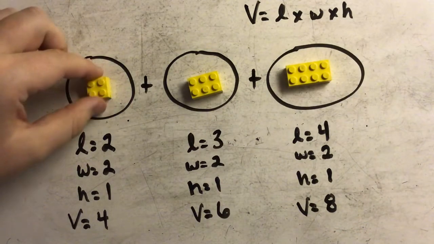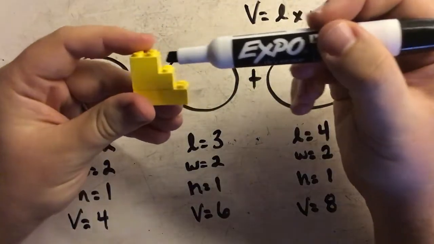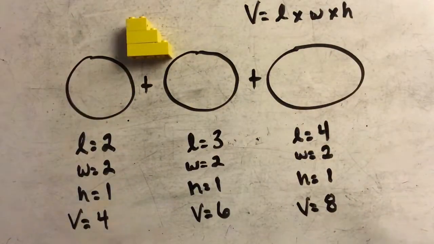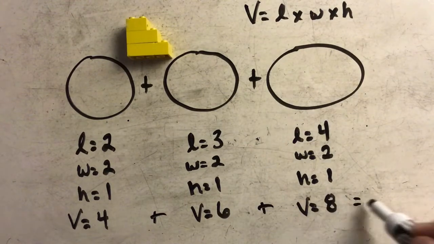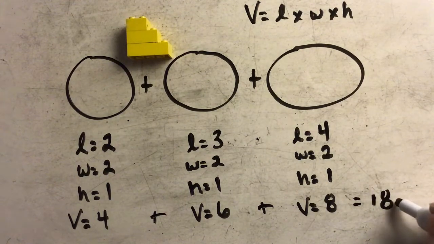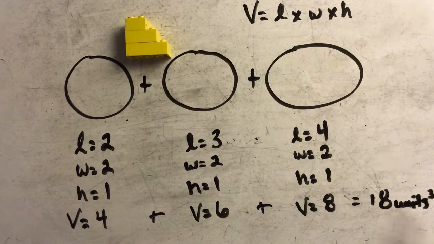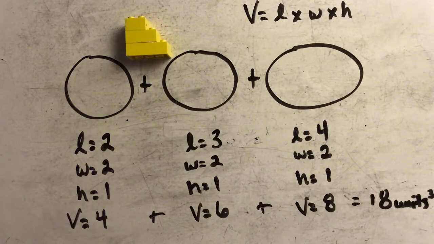So I'm taking the volume of this plus the volume of that plus the volume of the bottom one, which gives me 4 plus 6 is 10, plus 8 is 18 units cubed. Since there weren't any units given to us, like feet or inches or centimeters, we would just say that the total volume is 18 units cubed.